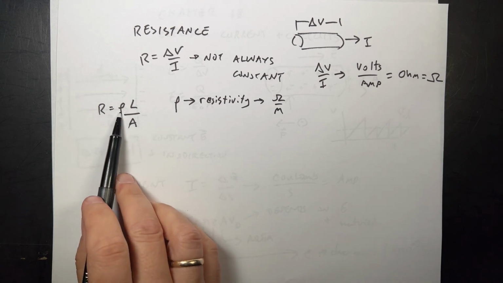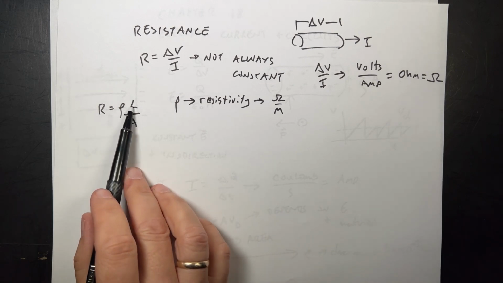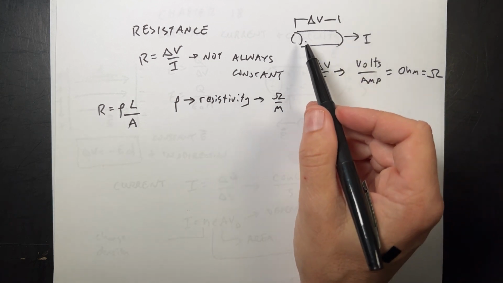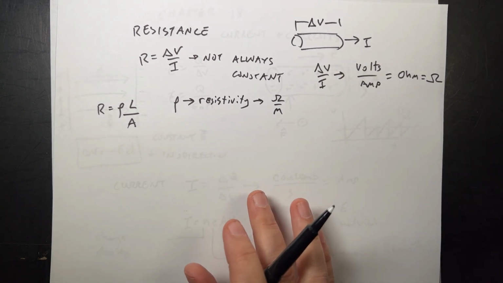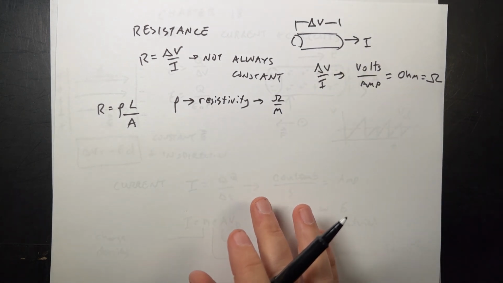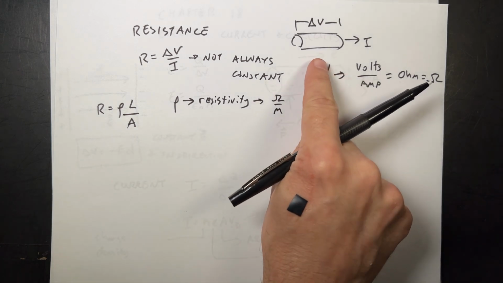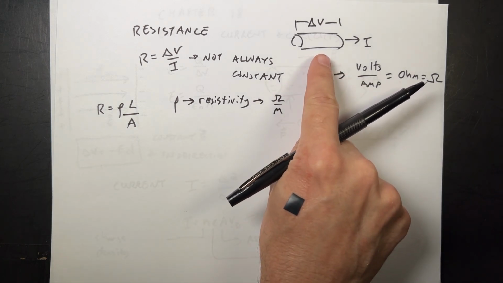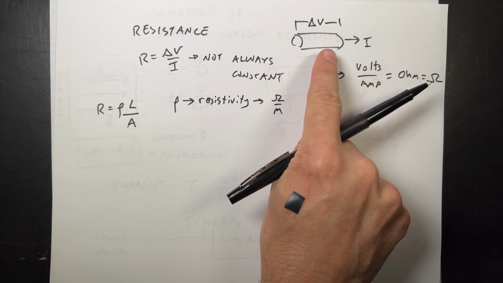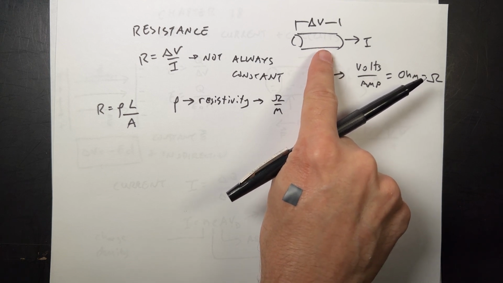So this just depends on the type of material, and L and A are the length and cross-sectional area of the material. And the nice thing about this is that we can just look at interactions or phenomena where the material properties change.